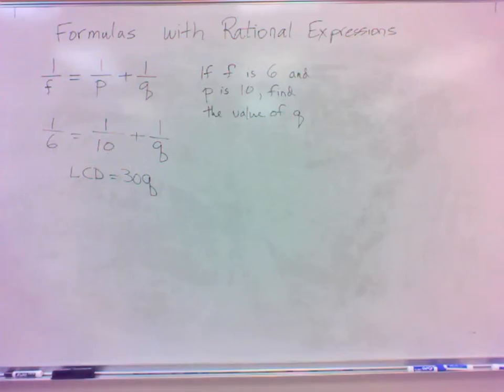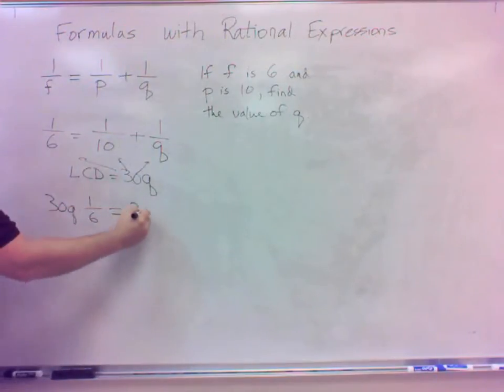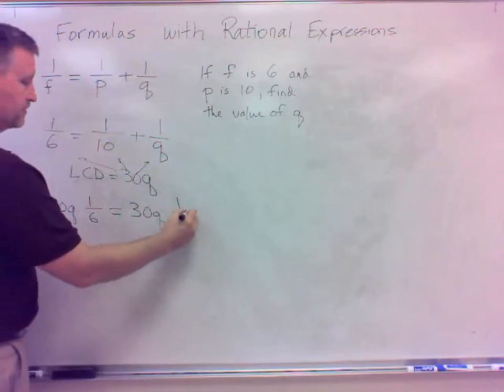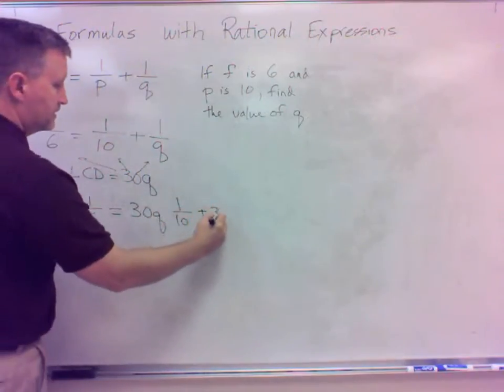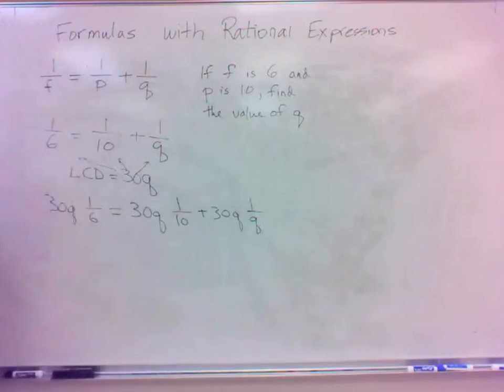Now remember, what I do with that is I multiply it by all the parts. 30q times 1 over 6 equals 30q times 1 over 10, and then 30q times 1 over q.